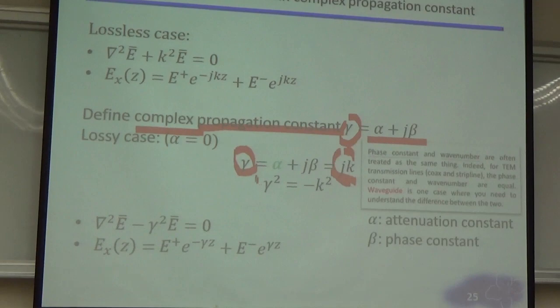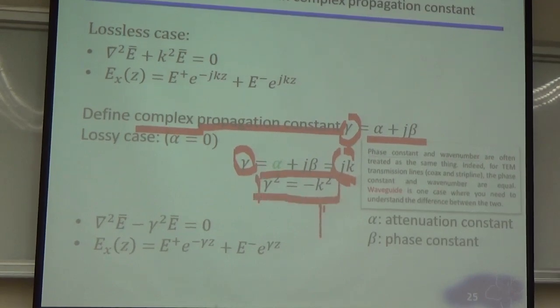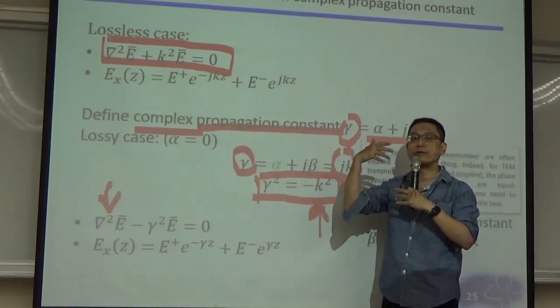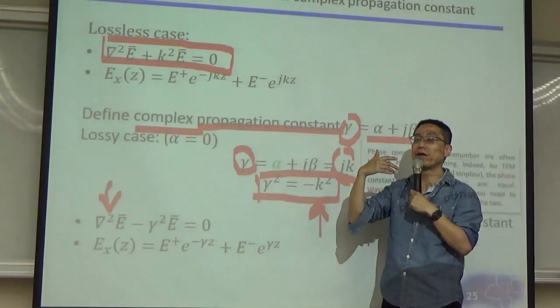So you need to use this term to substitute into your old equation. Then you will find this. Did you see that? This is the old number, right? This is the old equation. Try to understand why we define that.